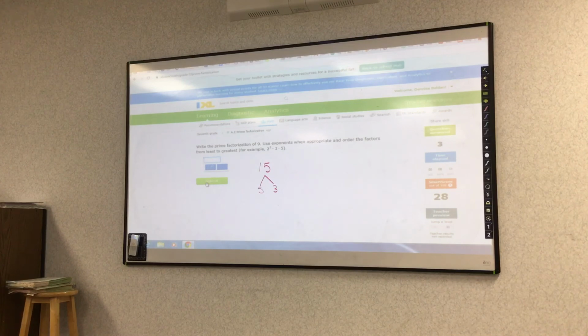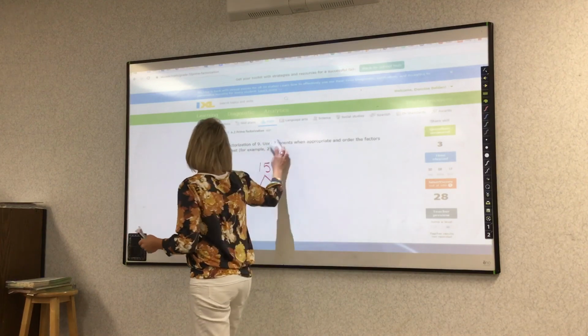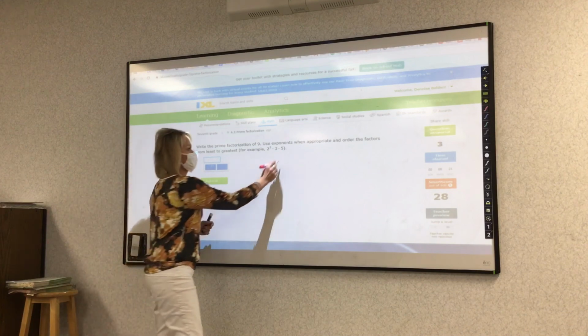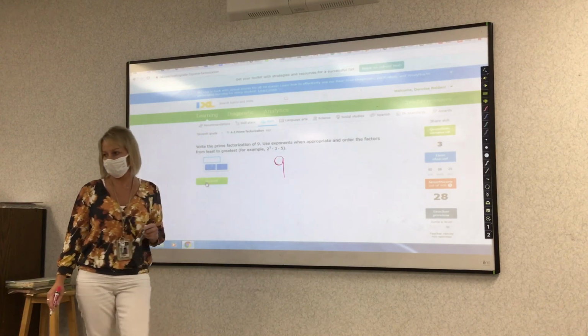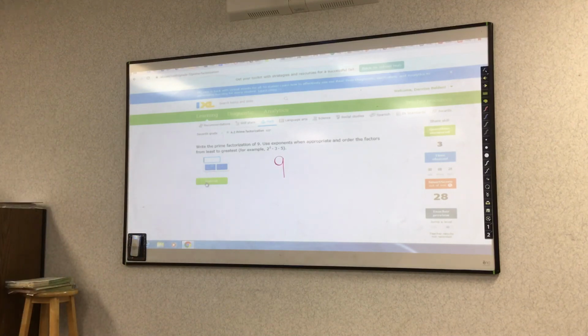Write the prime factorization of 9. Don't forget to go all the way.